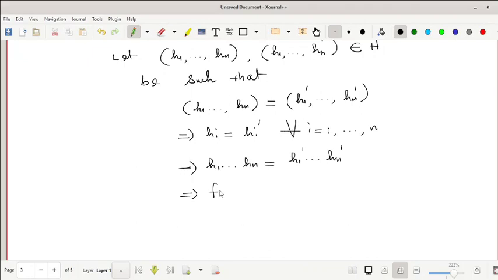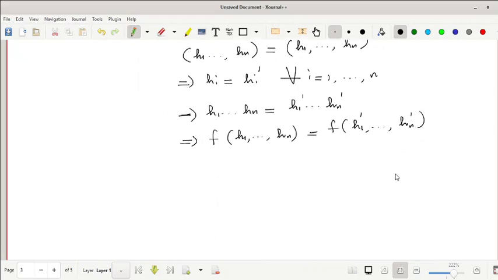This is nothing but f of (h1, h2, hn). And h1 prime h2 prime hn prime is f of (h1 prime, h2 prime, hn prime). So therefore, f is well defined.